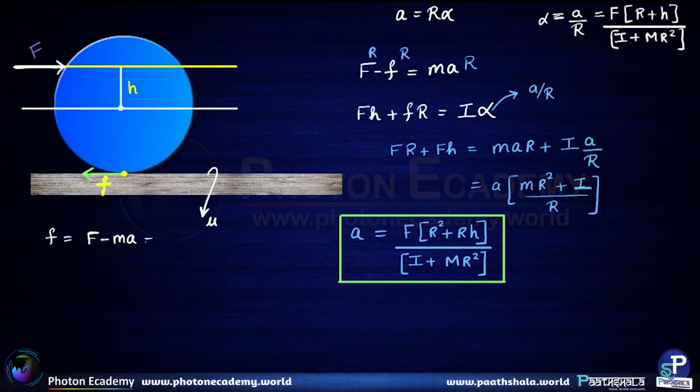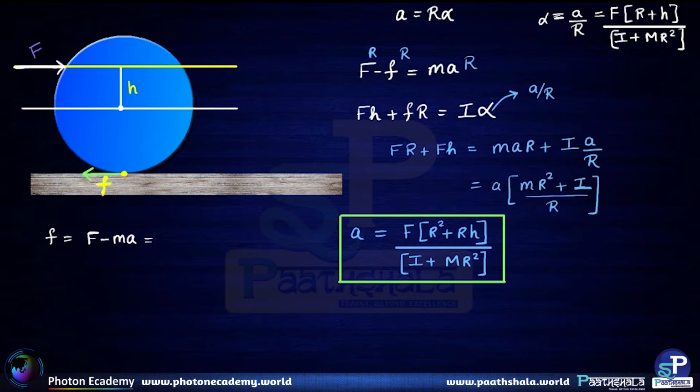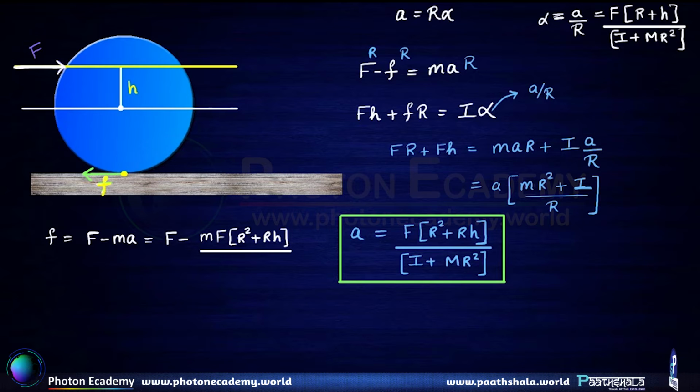Let us get rid of this mu for a moment. So capital F minus ma is going to be equal to capital F minus m into capital F into (r square plus rh) upon (I plus mr square).